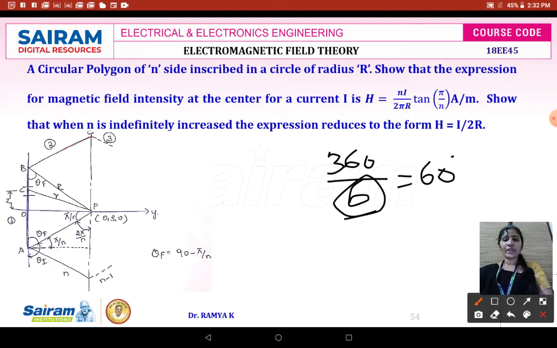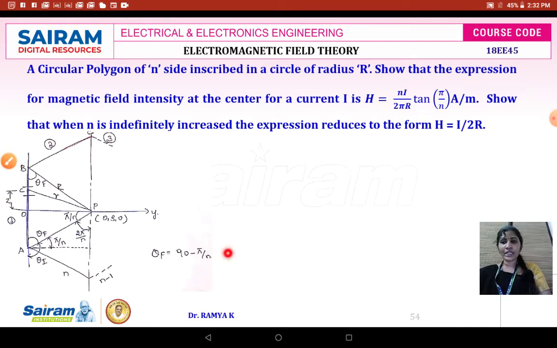Here also you can write it, when you have n side polygon, side number 1, side number 2, side number 3, and likewise it goes on till side number n, and this is going to be n minus 1. The angle is theta I, and this is going to be 2 pi by n. 2 pi is nothing but 2 into 180 degree divided by n.